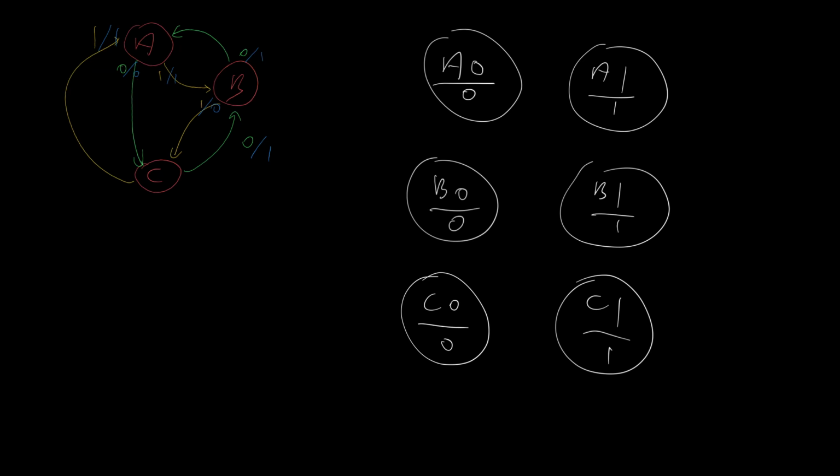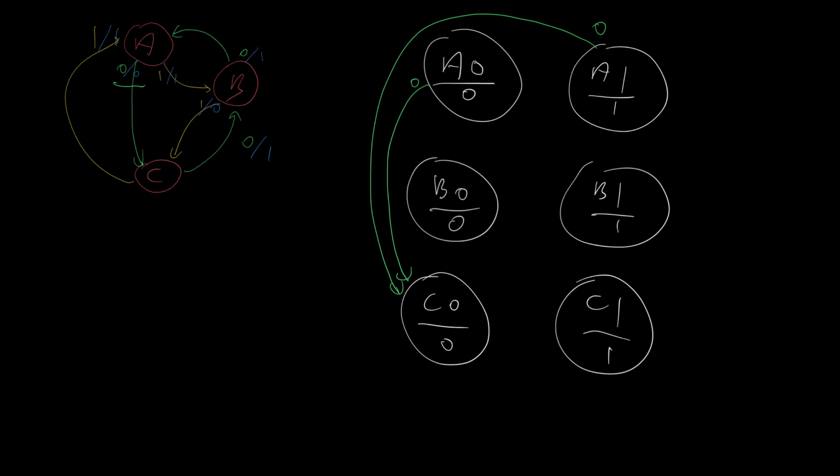And so therefore, if I'm in state A and get a 0, I'm going to go to C0 to signify that I'm going to get a 0 at the output. So we can add this. Doesn't matter which state A I'm in. If I go to state C, because my input was a 0, then I'm going to be outputting a 0 here.